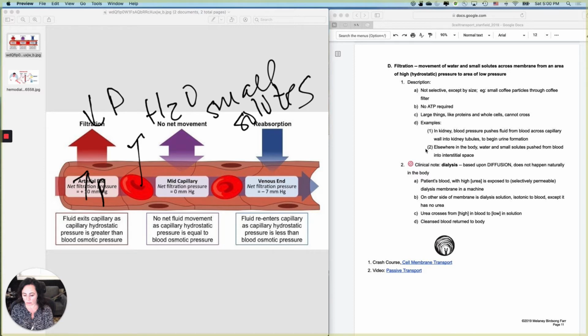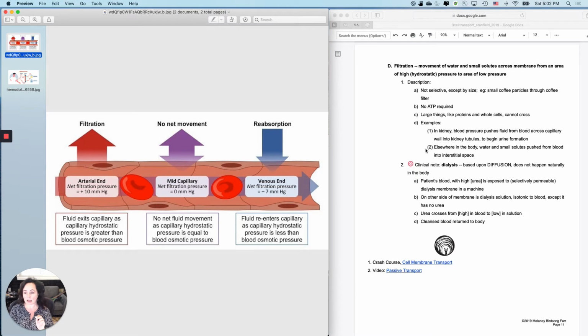So little bitty things will fit through the holes. So this is actually how you get ions mostly into your interstitial fluid. Filtration is happening at every single capillary in your body, because capillaries, especially at the arterial end of a capillary bed, are going to be higher pressure than the interstitial fluid. So this is not going to be selective at all, except by size.